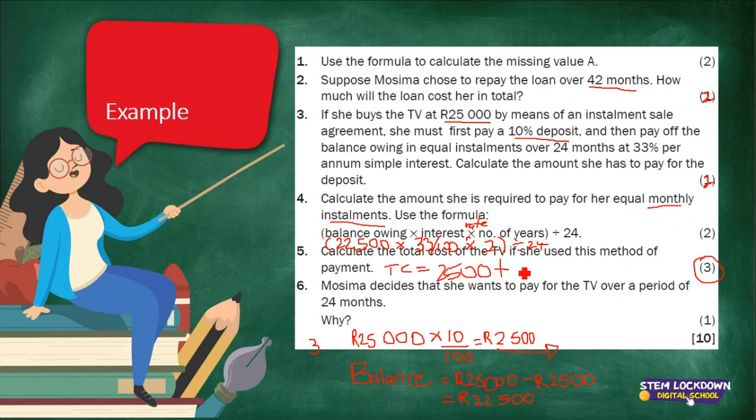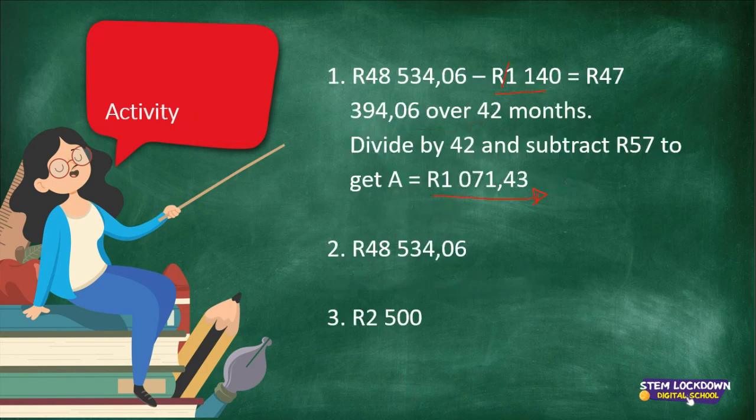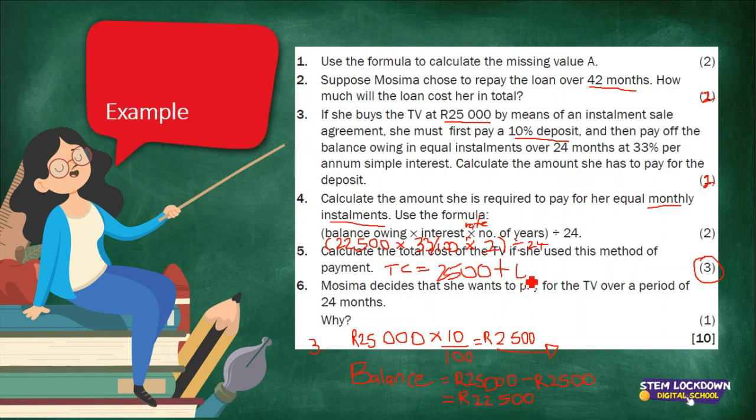I think your answer was 618.75. And how many months is she paying this for? 24 months, and you basically solve and you get your answer.